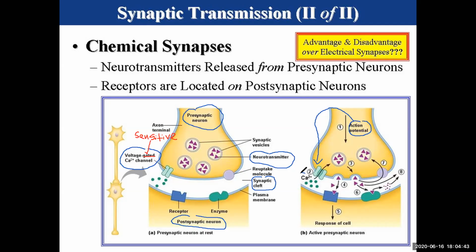And calcium, massive influx, shown by the black arrow here. The massive calcium influx induces the vesicle to fuse with the cell membrane, to fuse with the plasma membrane of the axon terminal.